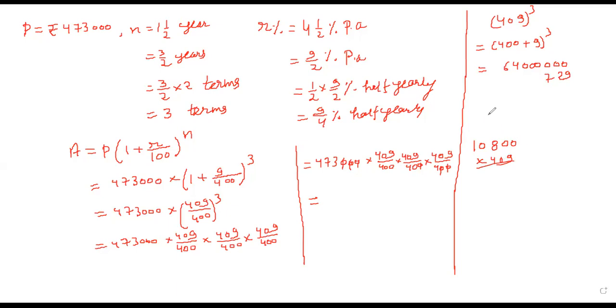As we know the formula for (a plus b) whole cube is a cube, which we already have written, 4 cube is 64 and 6 zeros, plus b cube means 9 cube 729, plus 3ab. So 3 fours are 12, 9 twelves are 108 and 2 zeros, into (a plus b), so 409.